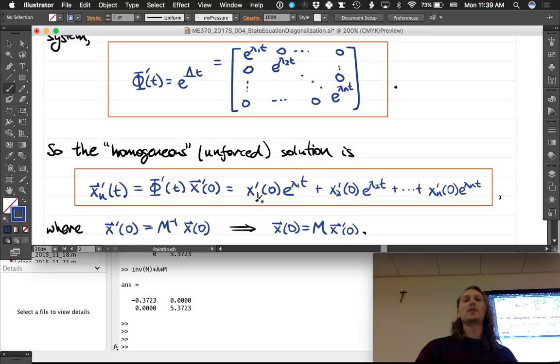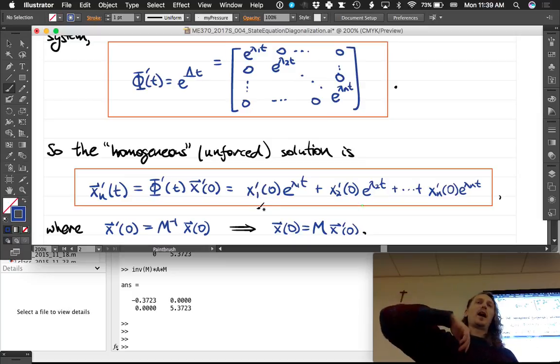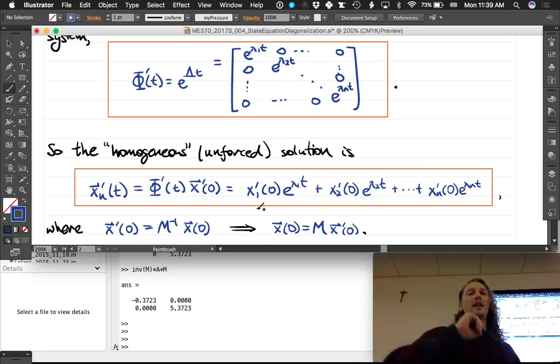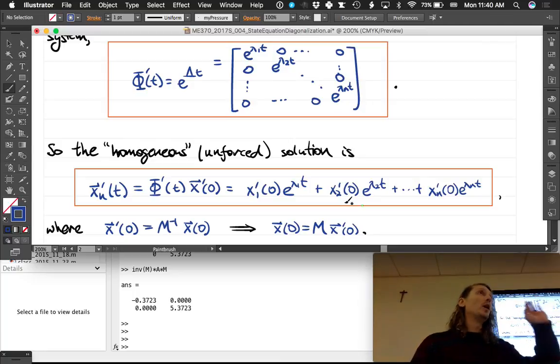So we have the initial condition of the primed state variable x1 times e to the lambda 1 t. Notice, what if you put 0 in as your initial condition in, say, x1? Would that term contribute anything? No. x2, would that term contribute anything? No. So your initial condition essentially excites only the one mode, okay?